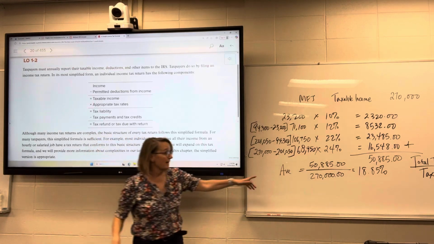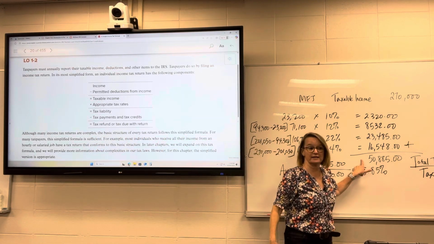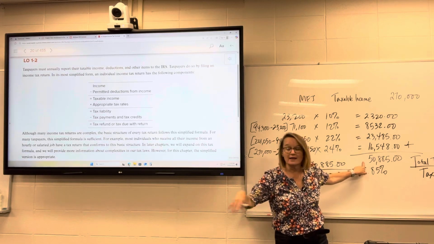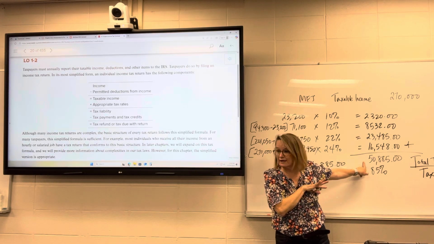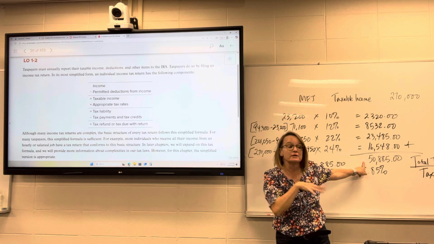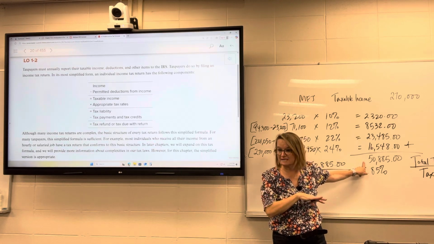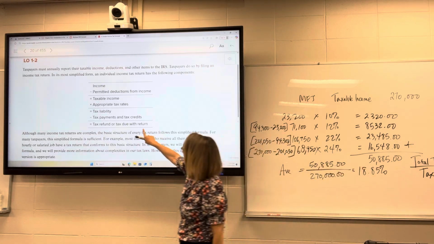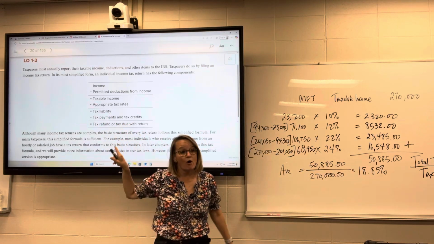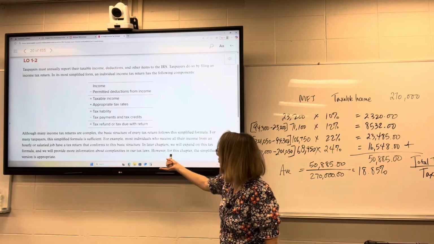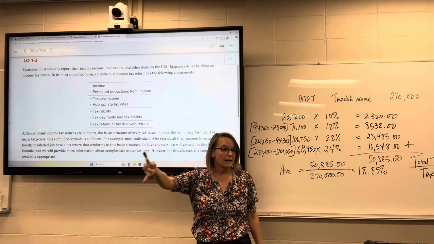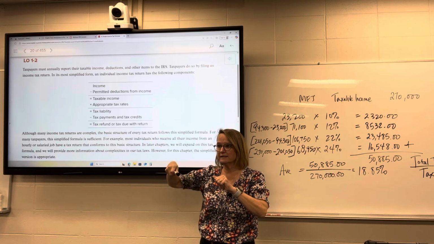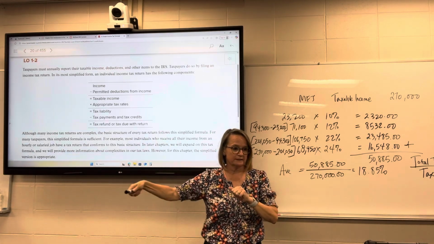It doesn't mean they're going to have to write a check for $50,885 though, because we know, having gone through payroll accounting, that they've had amounts withheld from their paychecks. They've already prepaid a bunch of tax. At least we hope they have, right? So we subtract all the amounts that they've already paid. That would be withholding, or any amounts that they paid in directly, not indirectly.